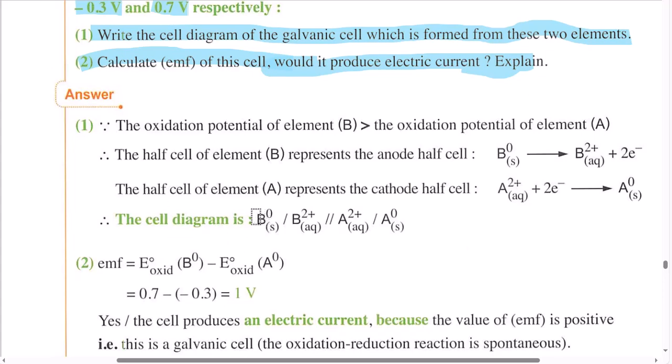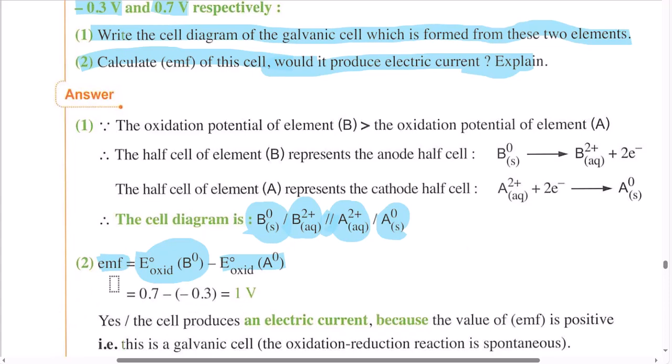So here the diagram: B0 solid oxidized into B positive 2 aqueous, salt bridge, and the cathode A positive 2 aqueous reduced into A0 solid. The electromotive force expressed in the oxidation potential is calculated by the oxidation potential of the anode, which is B, minus the oxidation potential of the cathode. 0.7 minus negative 0.3 equals 1 volt.